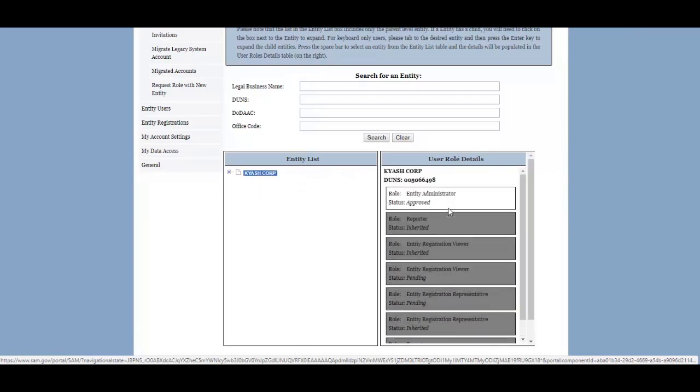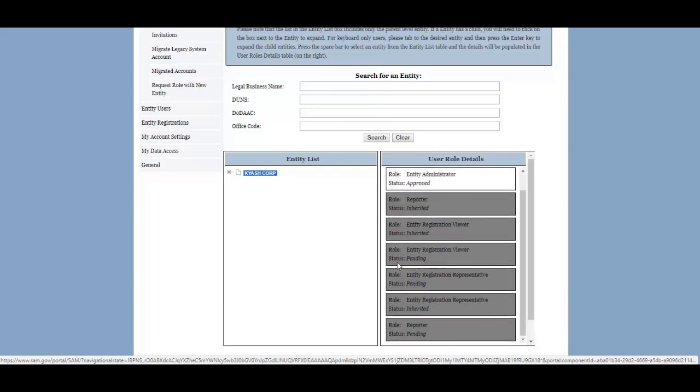I right now am the entity administrator. I have an approved status, but there are other user roles that you can dole out among individuals within your company. You have your reporter, entity registration viewer, etc. I've inherited a couple of roles here, but I can also dole these roles out.